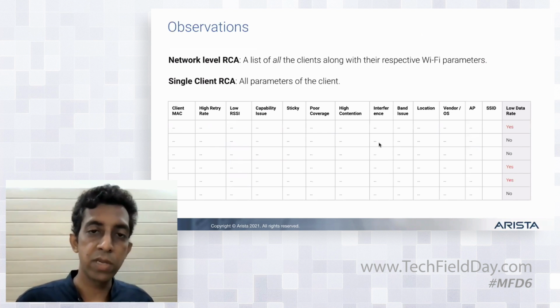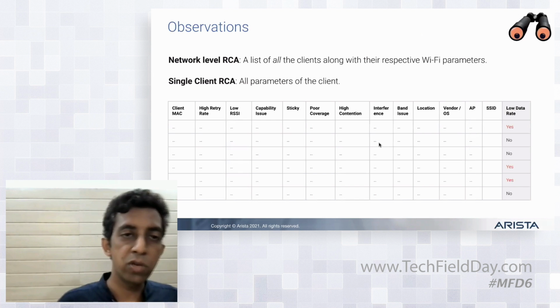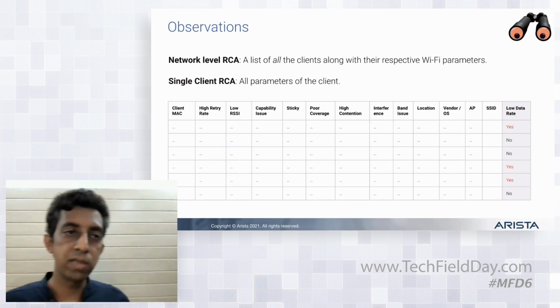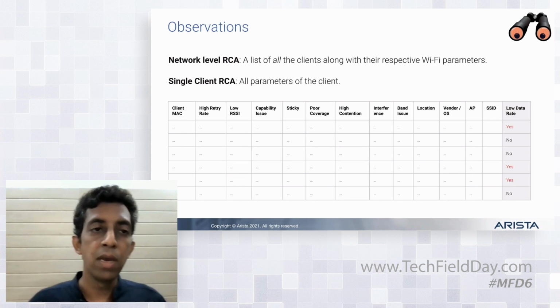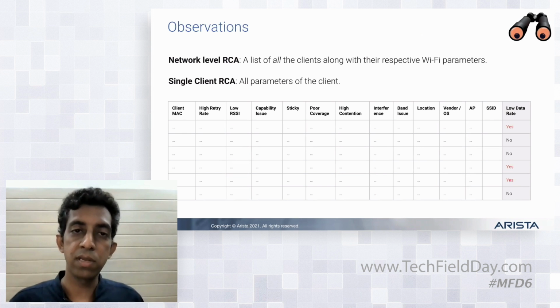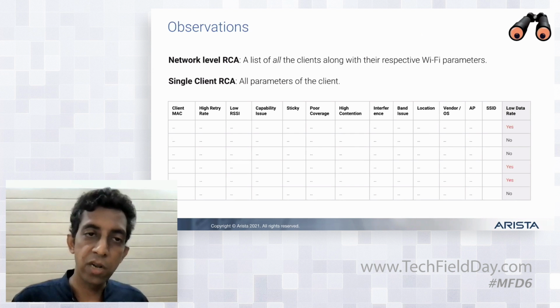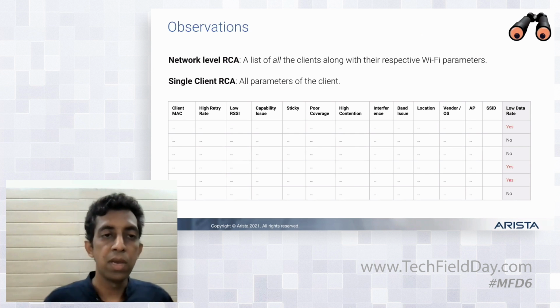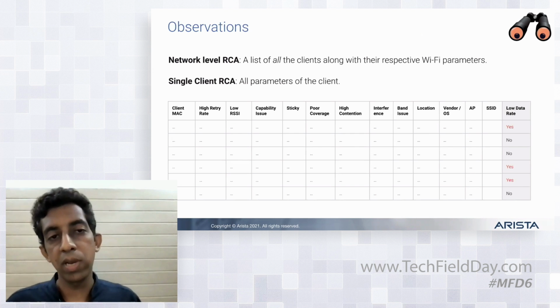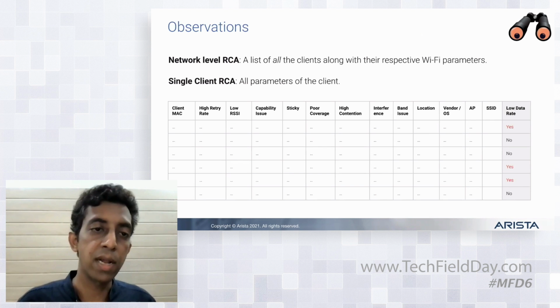So let's look at observations. Ava can actually do two types of root cause analysis. One is the network level root cause analysis, and the other is the single client root cause analysis. In network level root cause analysis, you are essentially looking at the entire network and trying to understand what's wrong with the network, or specific parts of the network and with the client experience. With a single client RCA, you essentially are looking at a specific client and trying to troubleshoot that client.